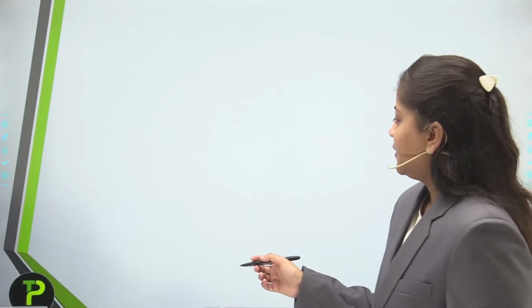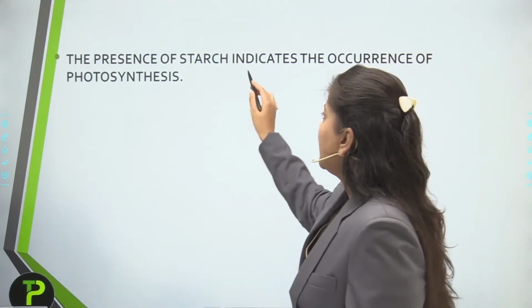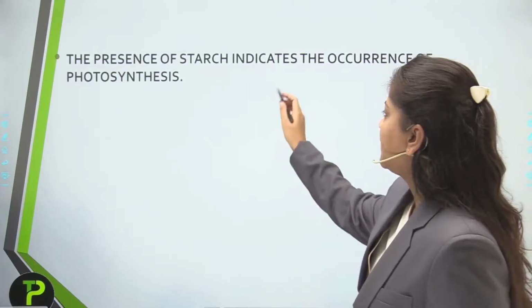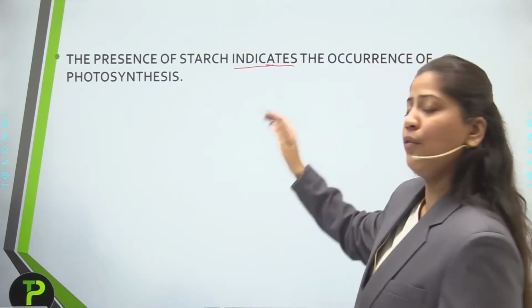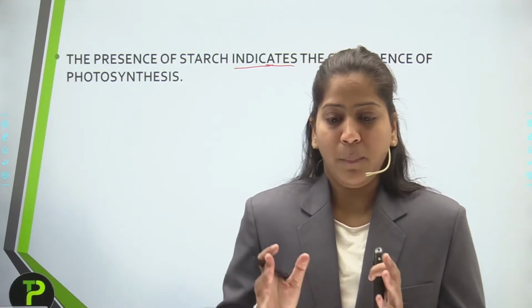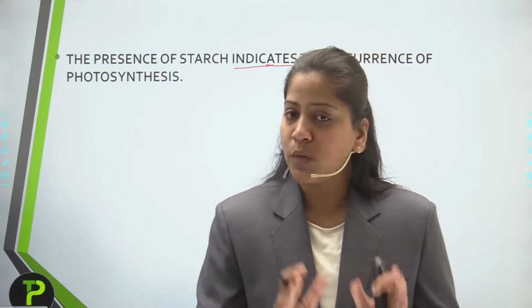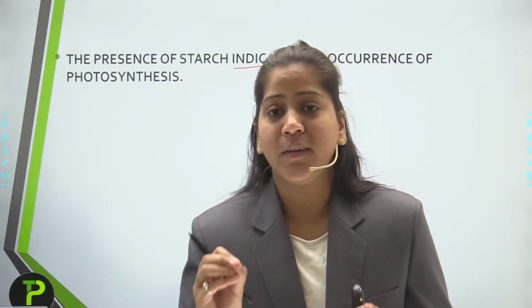The next slide is saying, the presence of starch indicates the occurrence of photosynthesis. What does it mean? If a plant has done photosynthesis, then starch must be present there.